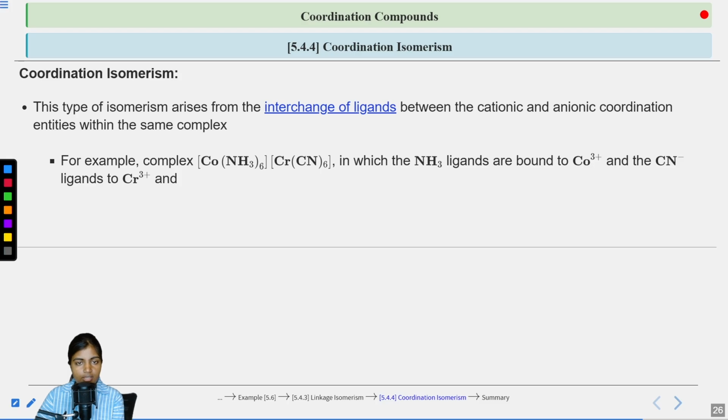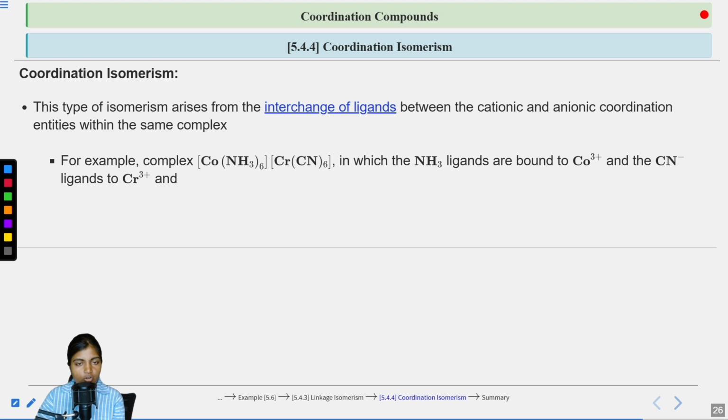Let's take the example of this complex, [Co(NH3)6][Cr(CN)6]: cobalt ammonia 6, chromium cyanide 6. In this, the ammonia ligands are bound to cobalt 3 positive, and the cyanide ligands are bound to chromium 3 positive.